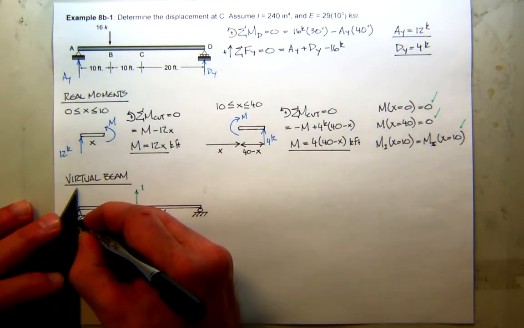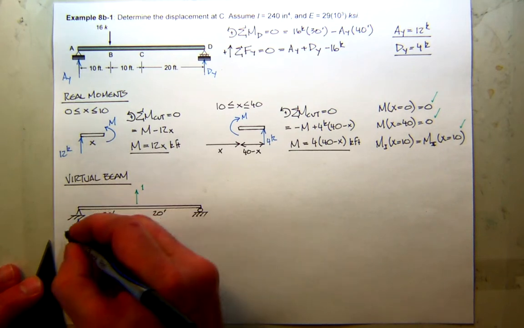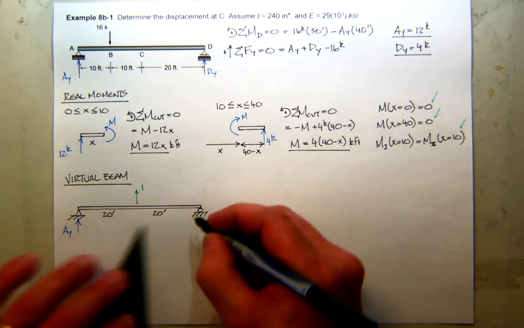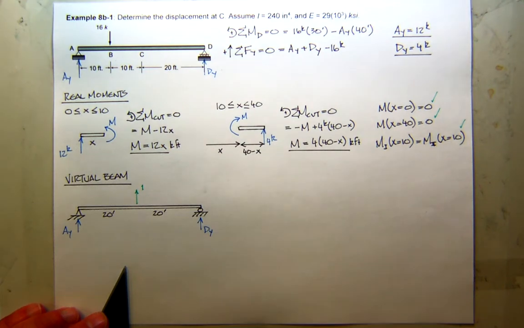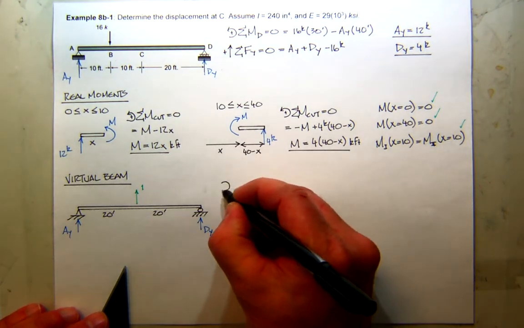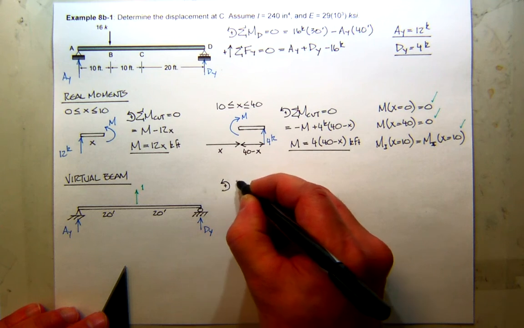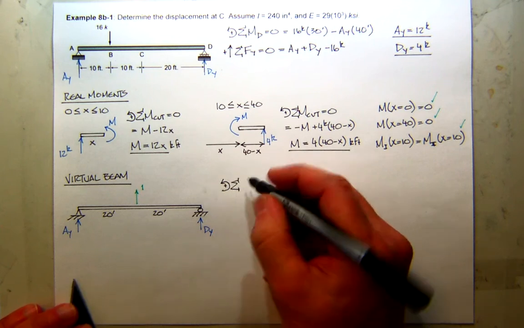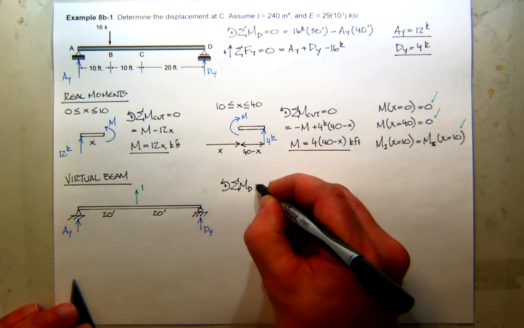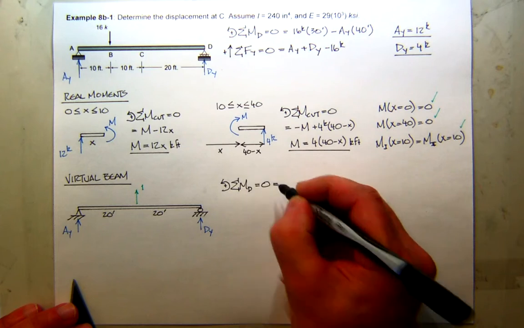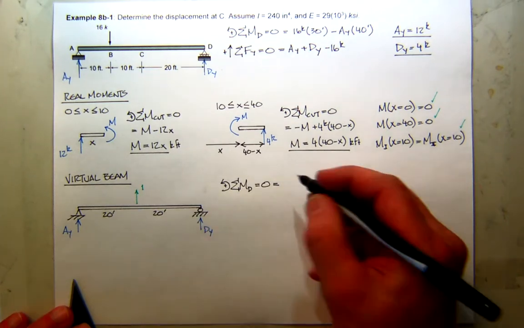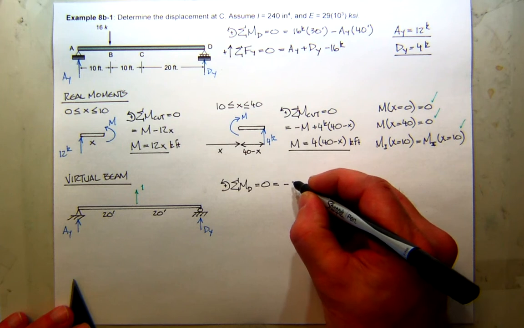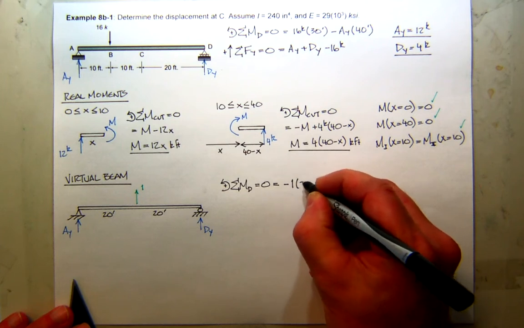So then I'll need to calculate the reactions to this, AY and DY. These aren't too challenging. You can probably already guess what they're going to be. But I'll sum moments about D and make sure it's in equilibrium. And when I do that, my virtual force is creating negative bending moment, force of 1, distance of 20.